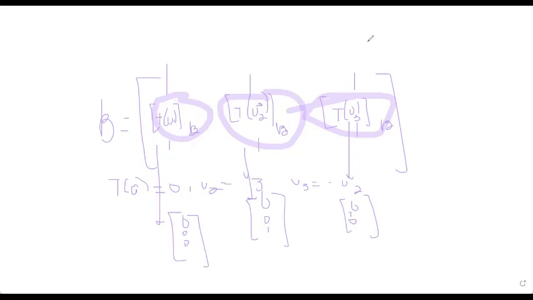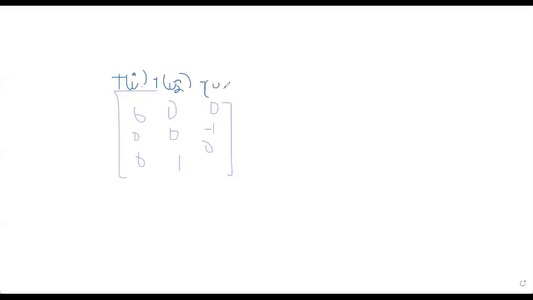And one final thing that can be helpful, if all of this is still not intuitive to you, is to think about it like this. Let's write out our B matrix again: 0, 0, 0, 0, 0, 1, 0, negative 1, 0. Along the top, you can write T of V1, T of V2, T of V3.